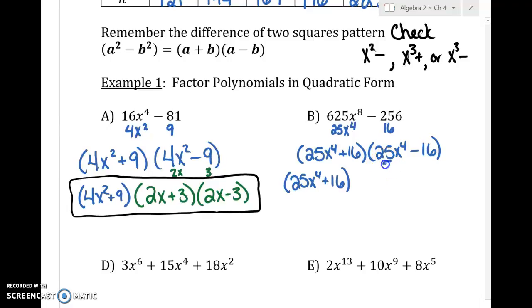25 is the perfect square of 5. I forgot to change colors. X to the fourth is the perfect square of x squared. 16 is the perfect square of 4. So we can break this into 5x squared plus 4 times 5x squared minus 4.